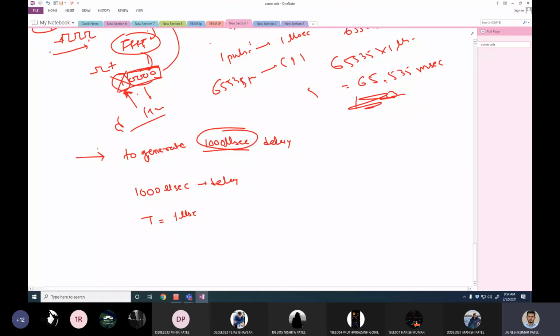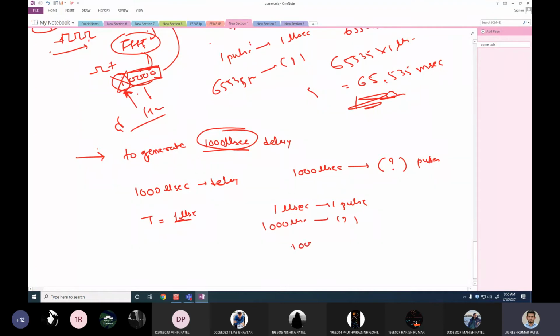If I want a 1000 microsecond delay, how many pulses will I require? If 1 microsecond is the time period, that means 1 microsecond for 1 pulse. I know the time for 1 pulse: in 1 microsecond, I am receiving 1 pulse. So what about 1000 microseconds?